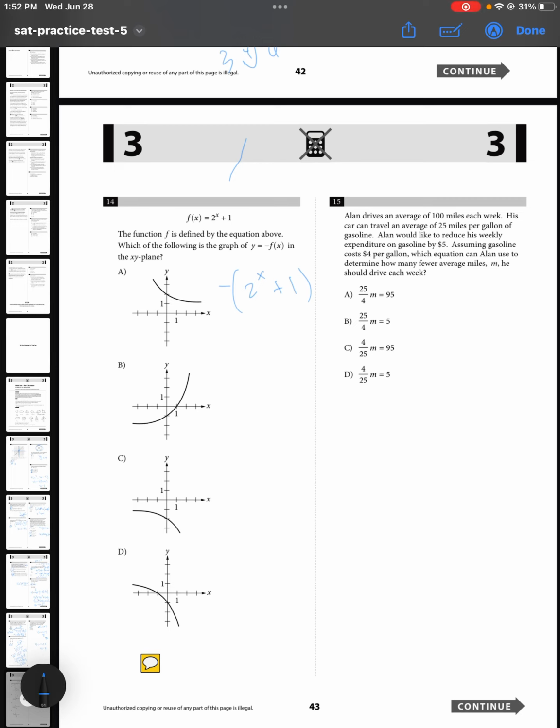So just doing a minus f of x, this would be the new equation. So plugging in a 0 for x, we get 2 to the 0 plus 1. 2 to the 0 is 1, because anything to the 0 is 1. So 2 to the 0 plus 1 is minus 2. So 0, minus 2 has to be a point. It's not there, it's not there. It's here, it's not there, so it has to be that one.